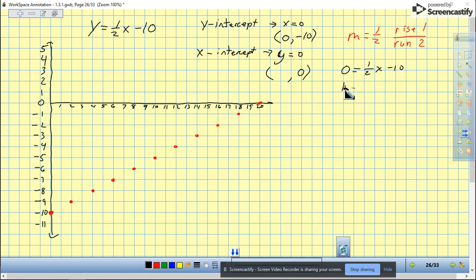Then you'd add 10 to both sides. Those cancel. You get 10 equals 1/2 x. Then you multiply by the reciprocal, and you end up with 20 is equal to x, because the 1/2 and 2/1 cancel. Okay, so that tells me that that's our other intercept. If you know the two intercepts, then you can draw your line, and of course there's our line.